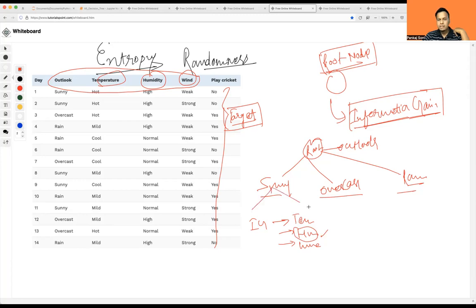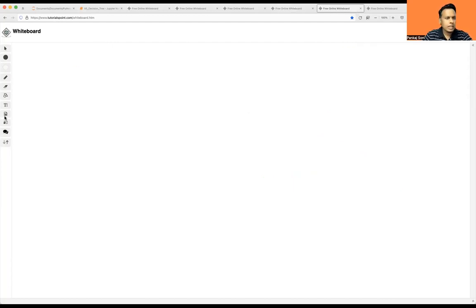Then under sunny, this is a child node and it has high or normal. These two categories will be there. If we have further categories, we run information gain again with the remaining features. That's how this recursive method keeps going until you get the final data. So let's talk about the formula we are going to use. I'm going to load this picture again.